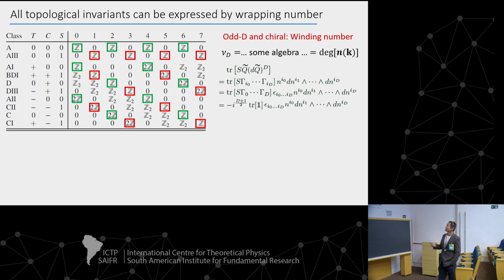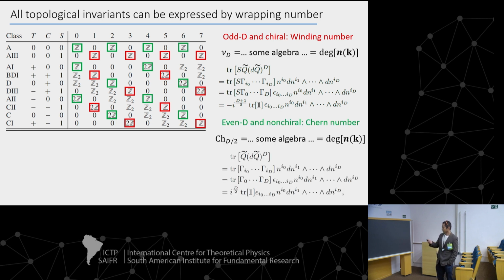Plus the fact that Dirac matrices anti-commute, so you naturally have this fully anti-symmetric tensor in front of it. And you also use the fact that the trace of all the Dirac matrices multiplied together is a constant. Then you get rid of it, and you just get the cyclic derivative that I showed you on the previous page. And in even dimensions without chiral symmetry, the logic is also the same.